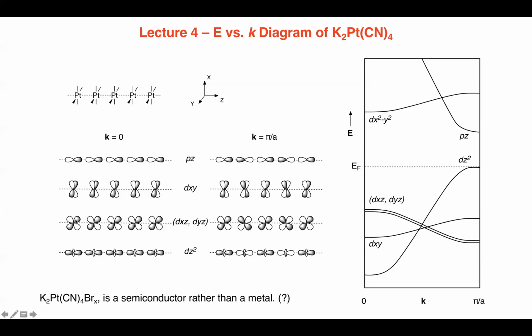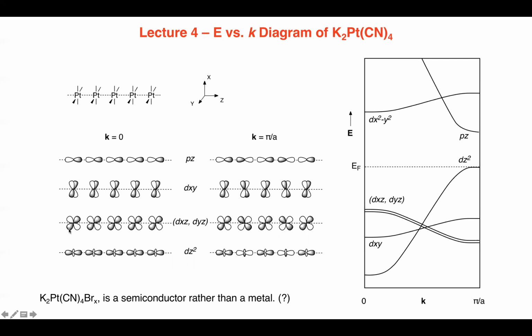Now let's do the xz and the yz orbitals. Notice I've drawn parentheses here around dxz and dyz. This is a doubly degenerate set of orbitals, so I've only shown you one. The other one would be pointing in and out of the page, but it's the same as the solution that I've shown here.